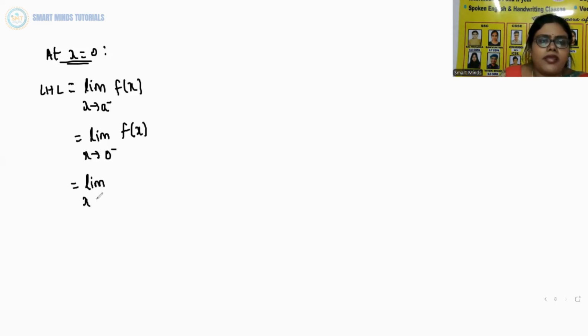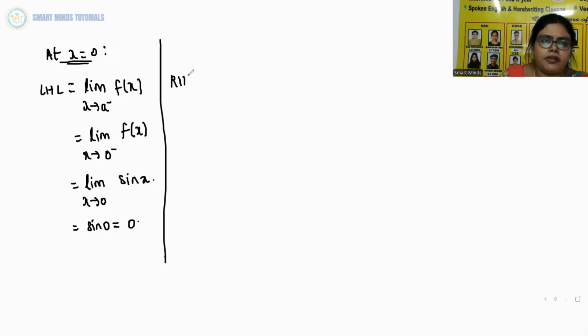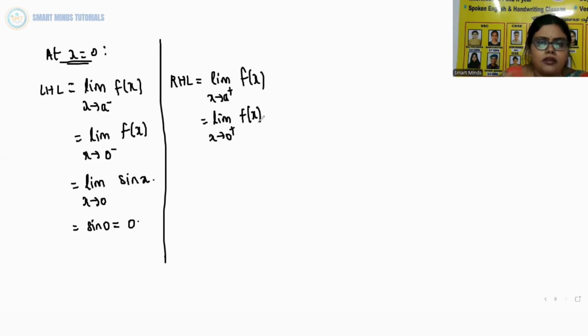So we can write x tends to 0 and in the place of f of x we will write sin x. Because sin x is the value when x is less than or equal to 0. So that is sin 0 which is equal to 0. Now we will find right hand limit. Right hand limit is limit x tends to a plus f of x. So that is limit x tends to 0 plus f of x. Now when is it given x greater than 0?